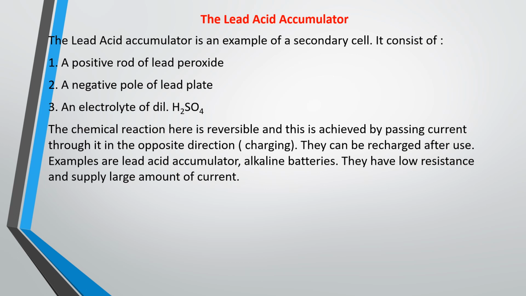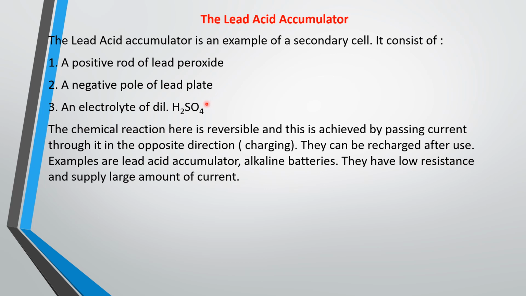These are cells that are rechargeable, which means that once the chemical components are used up, they can be recharged. This cell consists of a positive rod of lead peroxide, a negative lead plate, and an electrolyte of dilute H2SO4. So that battery that you use in your car is an example of a secondary cell, and it is also an example of a lead acid accumulator.